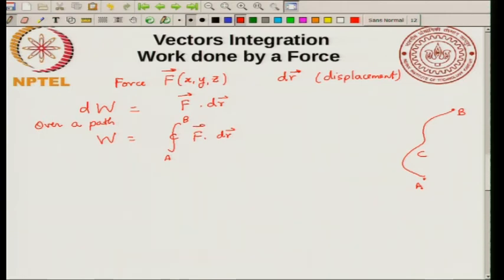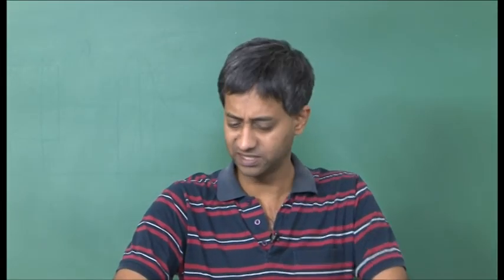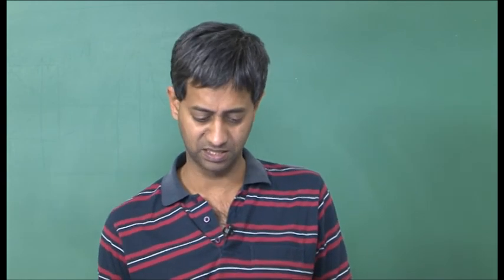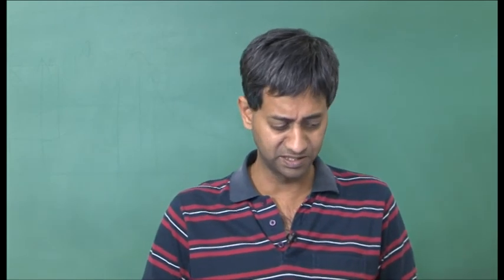I have just explicitly specified the endpoints, A and B. This is the most common application of vector integration that you will see in chemistry. There are also many such examples in different areas of chemistry and also in engineering and other disciplines.